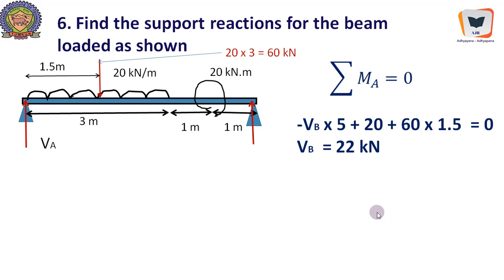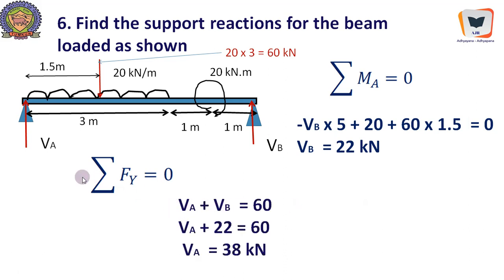We got VB equal to 22 kilonewton. And if we apply sigma Fy equal to 0, we have VA going up plus VB going up once again. VA plus VB should be equal to 60, that is coming down. So VA plus VB happens to be 22, therefore VA, we got it to be 38 kilonewtons. So 38 plus 22 makes it 60.